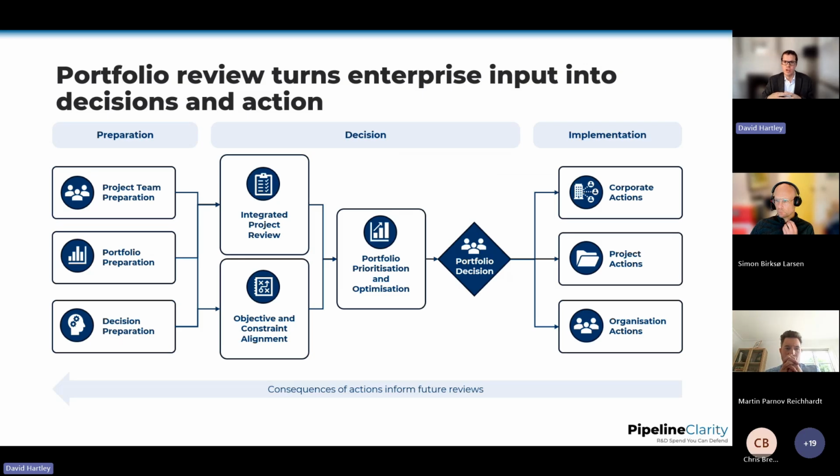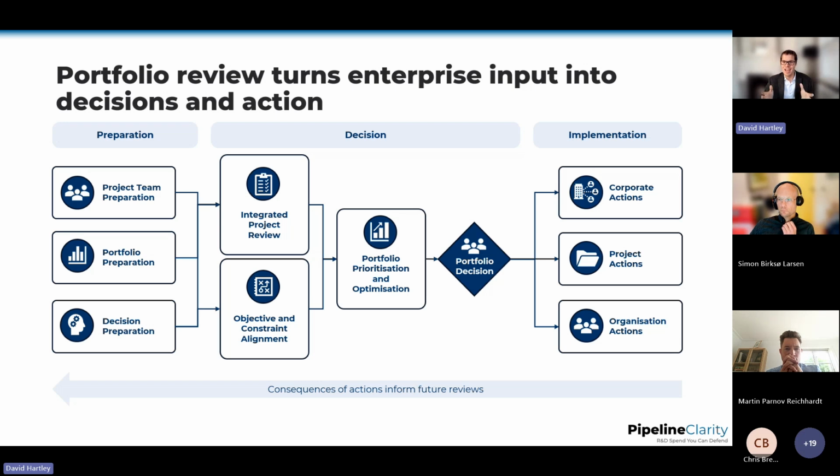So what does a portfolio review look like in practice? What are the components that normally make it up? Well, we would typically think about it in three broad buckets. There's some preparation activity that needs to happen. There are some decisions that need to be made, and some things that need to feed into those decisions. And then there's some implementation, so there are some actions that need to be taken on the back of the review.